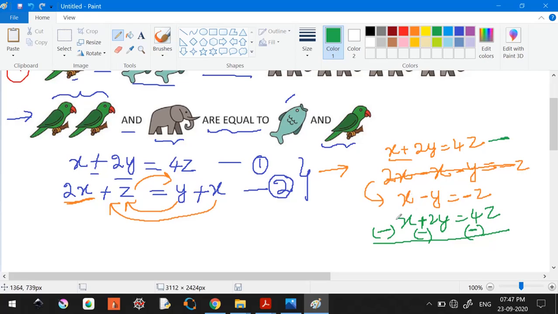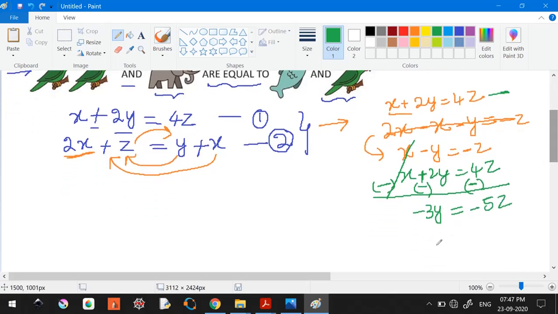So now X and X get cancelled. Minus Y minus 2Y is going to be minus 3Y. Minus Z minus 4Z is going to be minus 5Z. Now minus minus gets cancelled. So Y is going to be 5 by 3 of Z. So Y in terms of Z, let's say.